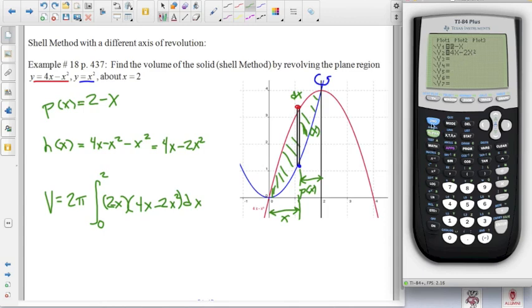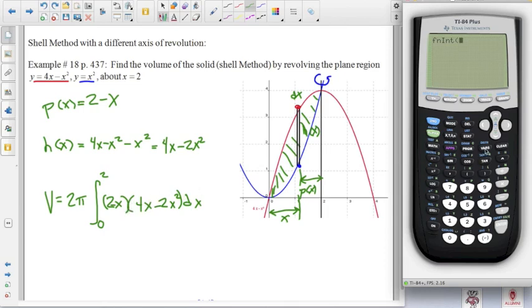I'm going to use the vars capability to make our fnInt expression a little more simple. If I go into math 9 to get fnInt, this is our y1, this is our y2, and they're multiplied together.